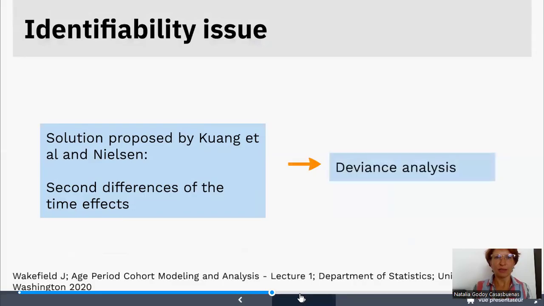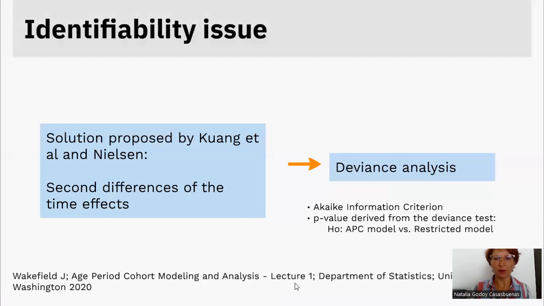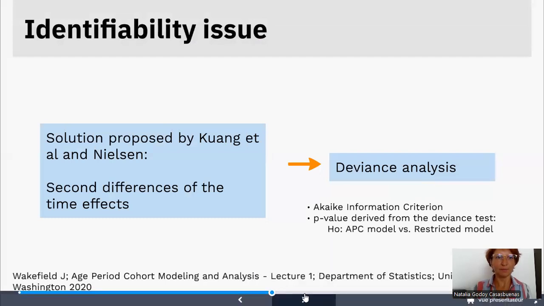Following the deviance analysis, which is a method used to assess the goodness of fit of the age period cohort models to the observed data. To assess the best model, we use the Akaike information criterion and the p-value derived from the deviance test.